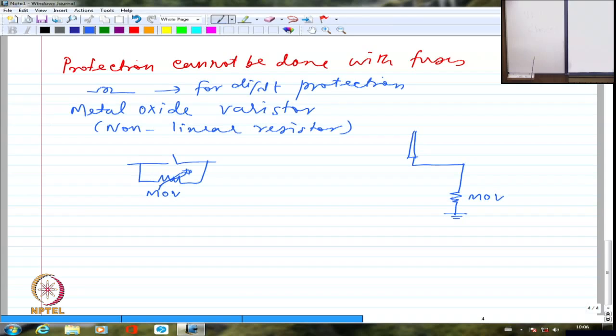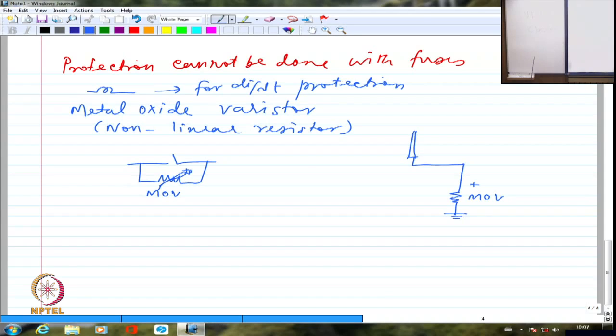Because it is taking up the entire charge of the cloud, a very high voltage will appear here. So this particular non-linear resistor will break down, and the entire voltage, in the form of current, will be discharged to the ground.